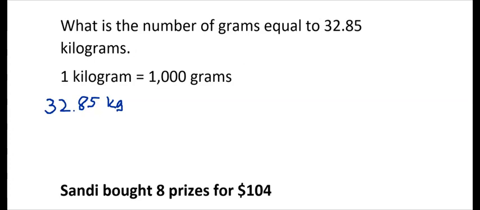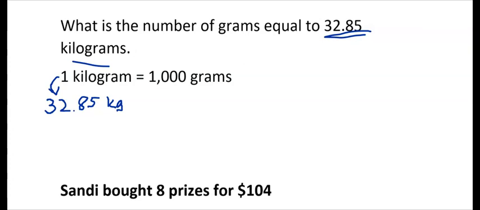Okay, for the next example, it says, what is the number of grams equal to 32.85 kilograms? Okay, so since 1 kilogram is 1,000 grams, if we want to get to 32.85 kilograms, you're going to have to do 1 times something to get to 32.85.